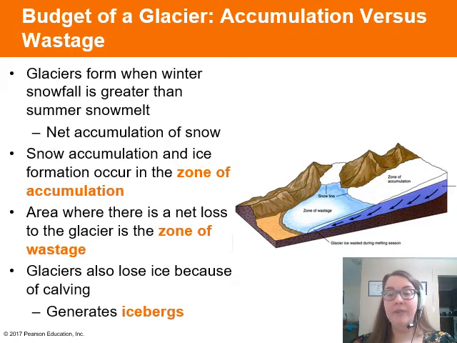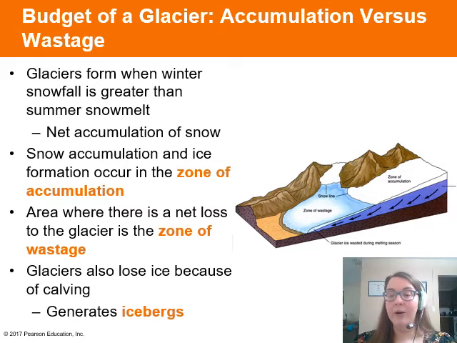But when we look at our valley glaciers, we're going to have two different zones. We're going to have a zone of accumulation higher up in the mountains, and then our zone of wastage lower down in the valleys. So within our zone of accumulation, here we're just going to see more snow accumulating every year. The higher that we go in a mountain, the colder it's going to be.